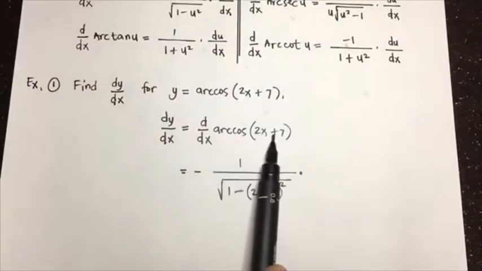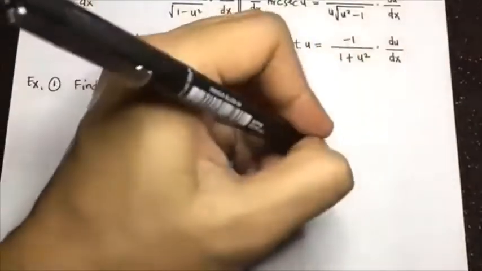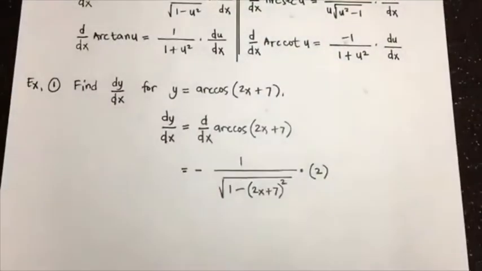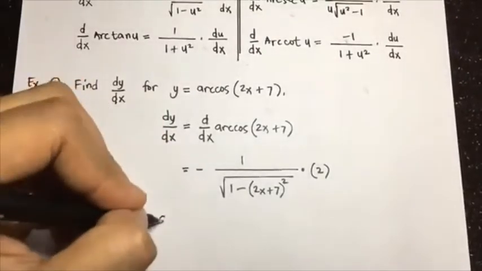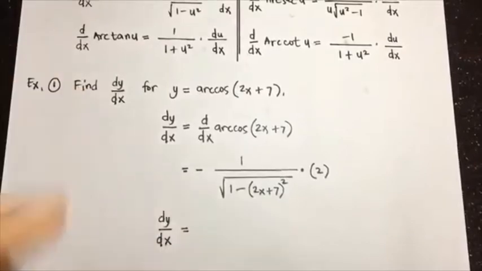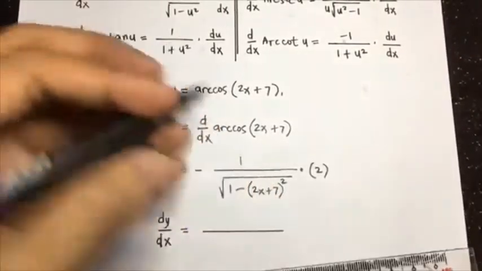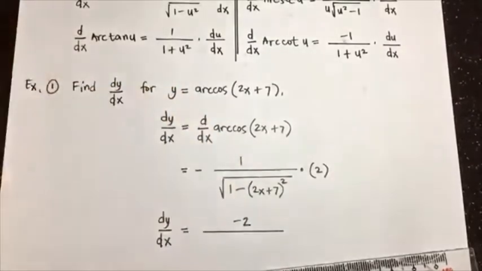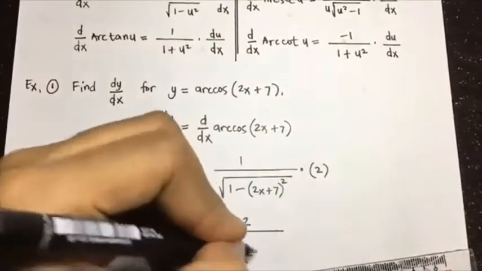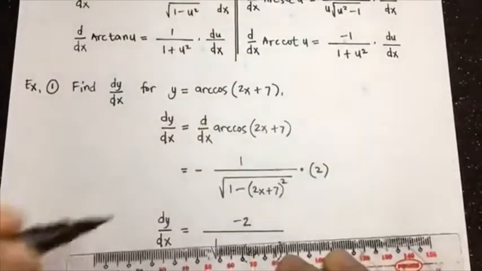The derivative of 2x plus 7 is 2. So dy over dx is equal to negative 2 over square root of 1 minus (2x plus 7) squared.